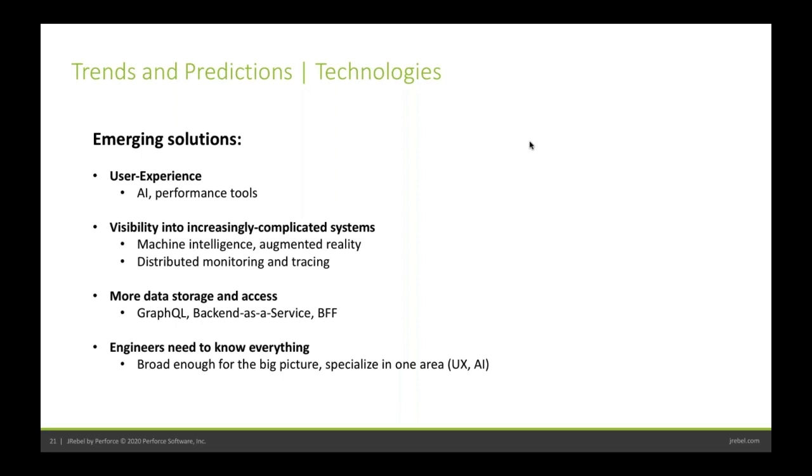As these systems get more complex, how can we use machine intelligence and things like augmented reality and virtual reality to let developers and operations people visualize all these moving parts and microservices and visualize the flow of traffic between them, to see quickly where the bottlenecks are, where the cascading failures are, where the correlations are when something goes wrong?